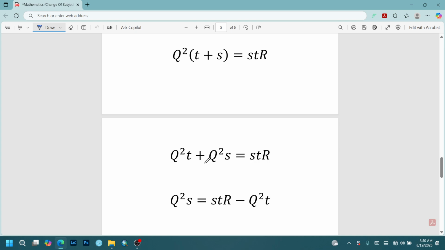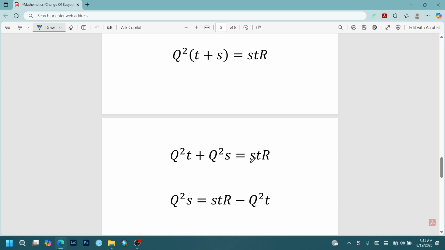So here we maintain k square s, which is a positive number, positive k square s, right? And shift k squared t to the other half of the equation. Now, k squared t, right, is a positive number, and when it crosses the equal to sign, it changes its form, right, to become a negative number. So any number, okay, when it crosses the equal to sign, it will transform or change its form.